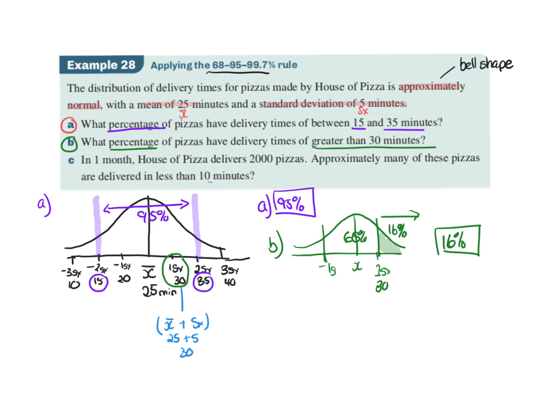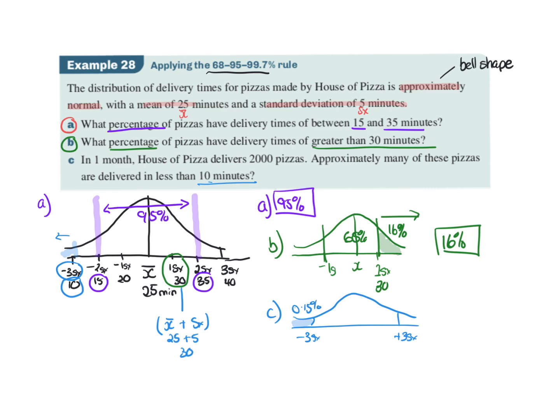So if you look at 10 minutes, we go to our little diagram here. 10 is minus 3 and they're saying less than 10. So that's that way. If we thought about when we had our bell shape and we had minus 3 standard deviations and plus 3 standard deviations, if you go back and look, remember this little pocket here, because that's what we want, the less than 10, was that tiny 0.15%.